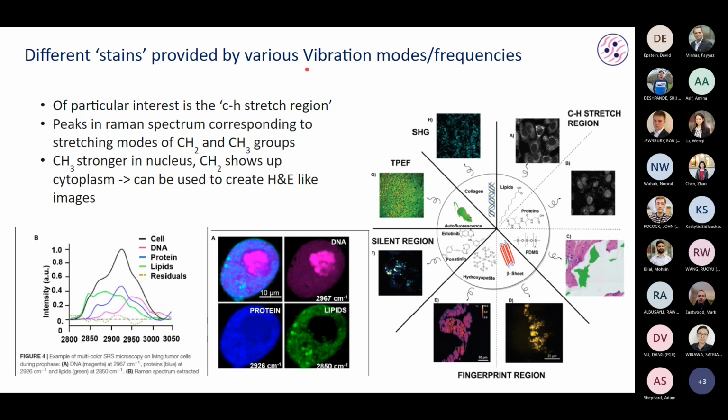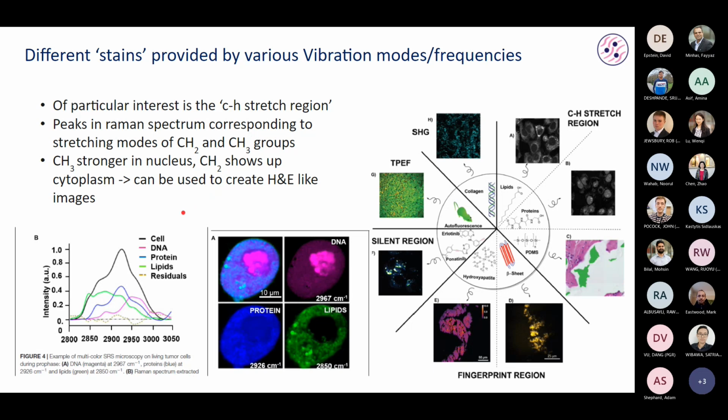But what is of particular interest to us is something called the CH stretch region, which are peaks of the Raman spectrum that correspond to stretching modes of CH2 and CH3 groups. What's interesting about this is that the mode corresponding to the CH3 groups is stronger in the nucleus, whereas the CH2 group mode shows up more in the cytoplasm.